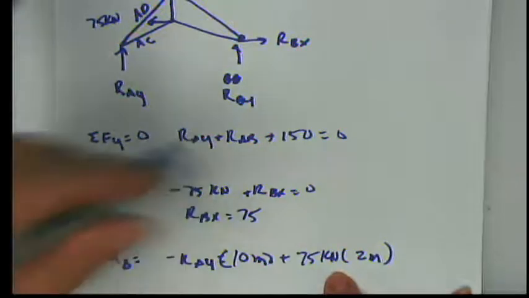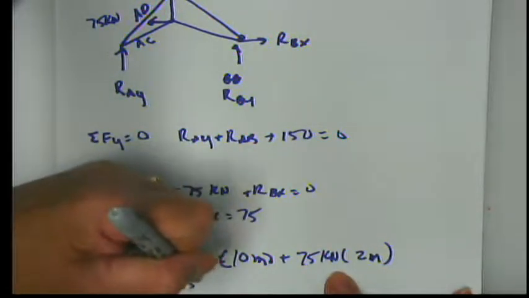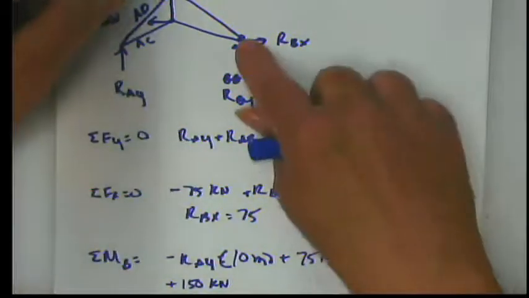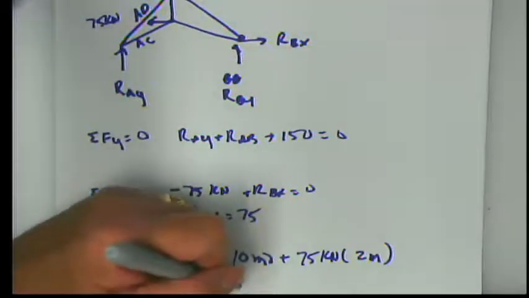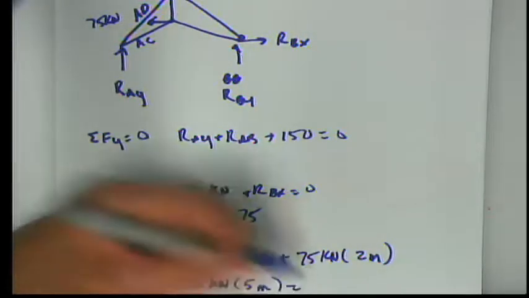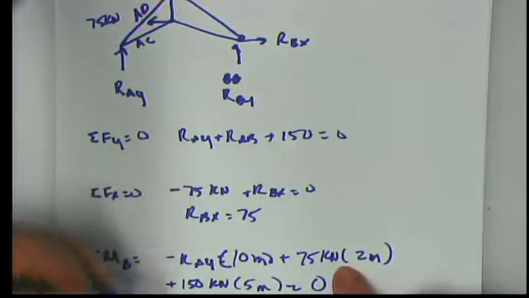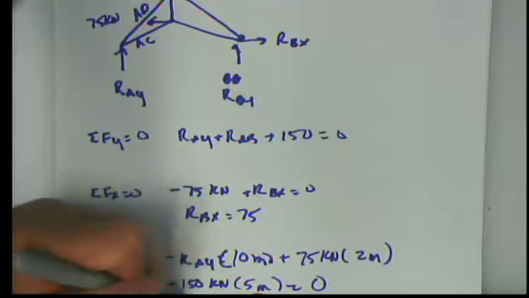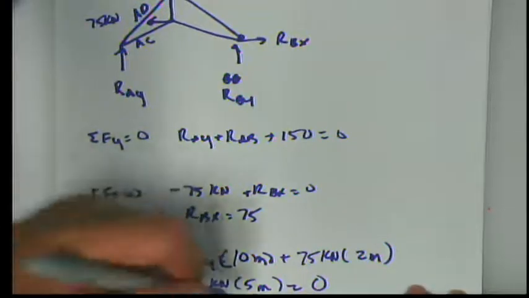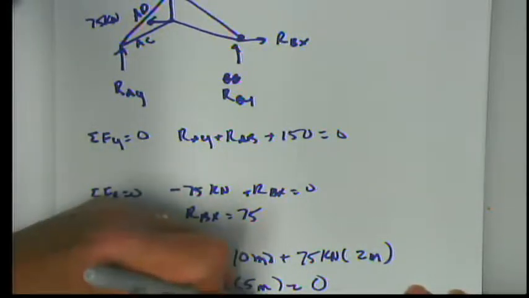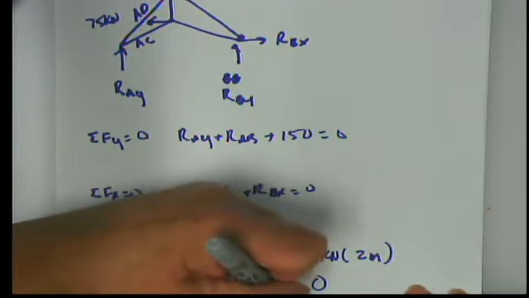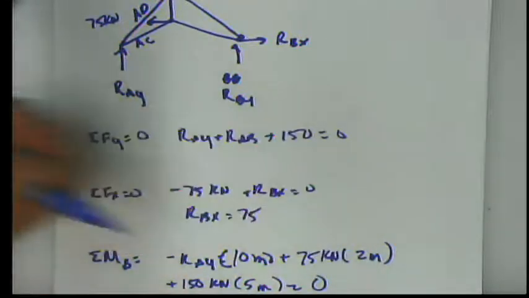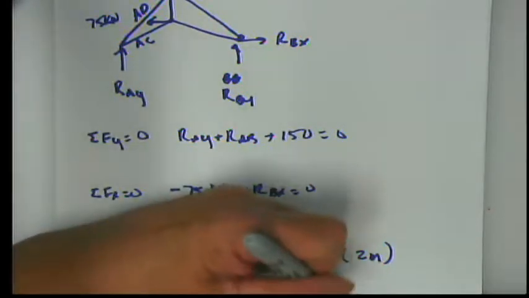And then the 150 is also positive. And since that's a vertical force, we use a horizontal distance of 5 meters. And we can solve for RAY this way. So this is 150, and this is 750. They're both positive, equals RAY times 10, or divided by 10. So I get that RAY is 900 divided by 10, or 90 kilonewtons.